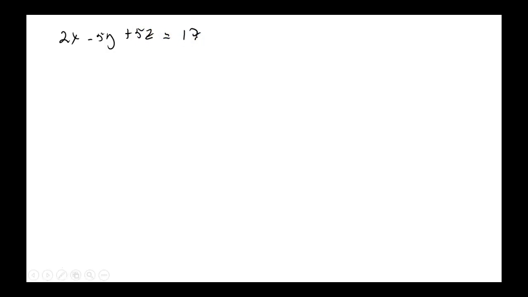Alright, it's not looking good. 3x minus 2y plus 3z is equal to 11. Minus 3x plus 3y is equal to negative 16. Okay.